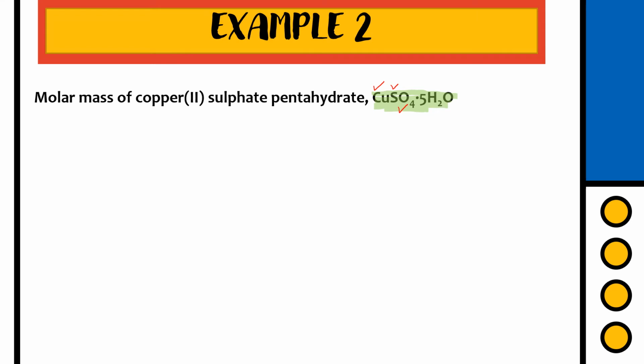Kemudian dot dekat sini, okay, kalau dalam matematik dot kita akan darabkan, betul? Okay, tapi dekat sini dot ni kita tak akan darabkan, kita akan tambah. Cuma okay, dekat sini bila ada dot 5, yang ni awak buat kurungan. Okay, so maksudnya in other words dia akan jadi molar mass of copper sulfate tambah 5H2O.